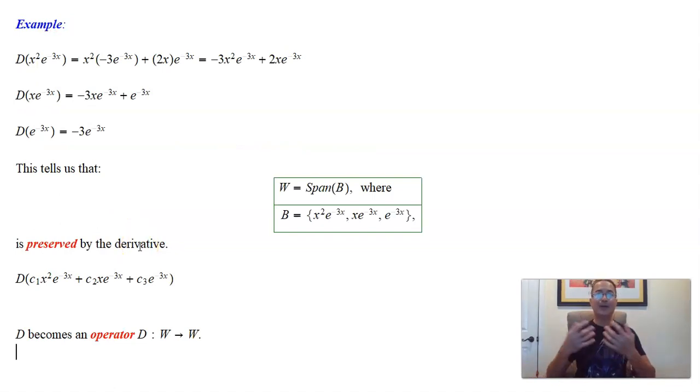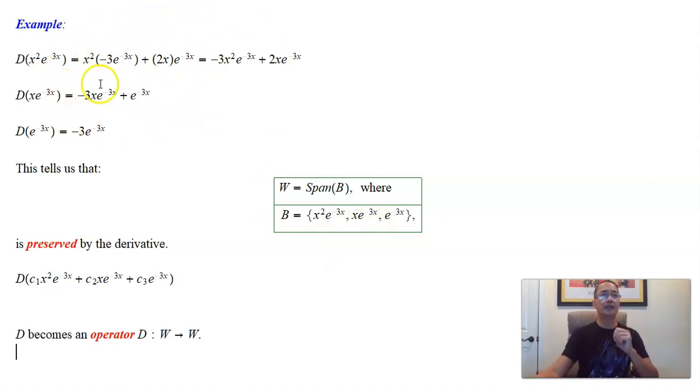All right, so now we are going to collect these 3 functions and put them into a basket. Ooh, B for basket. No, B of course stands for basis. So we will put together x squared e to the minus 3x, x e to the minus 3x, and just e to the minus 3x into a set of functions B, and we will create the vector space W equals the span of B. So all linear combinations of these 3 functions, right?